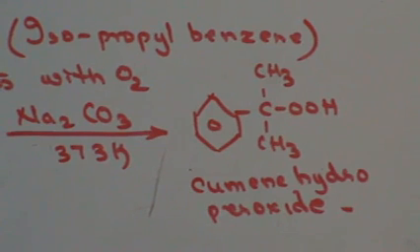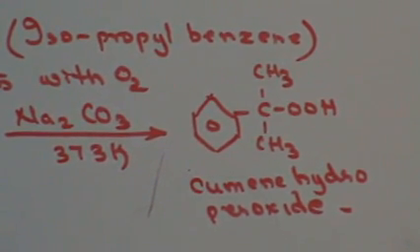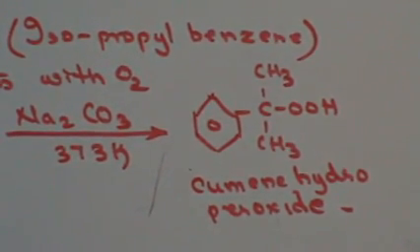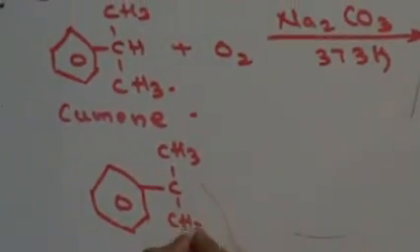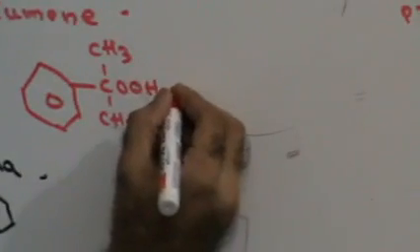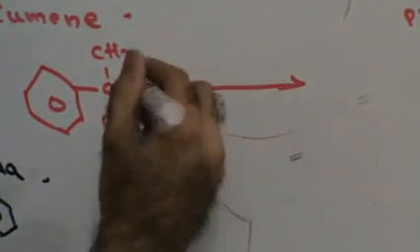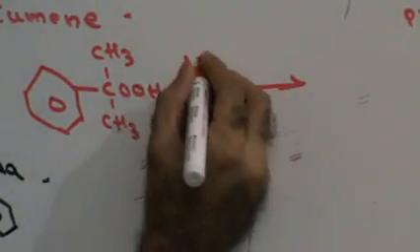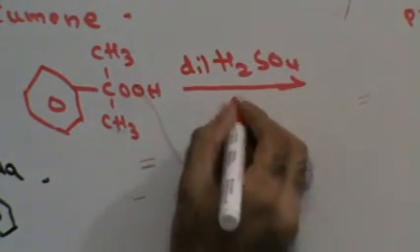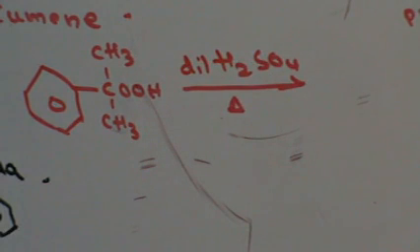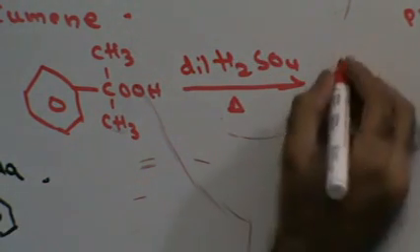So cumene hydroperoxide, with CH3 and OOH, is decomposed in the presence of dilute sulfuric acid. Since you are heating, this will decompose to give you phenol.